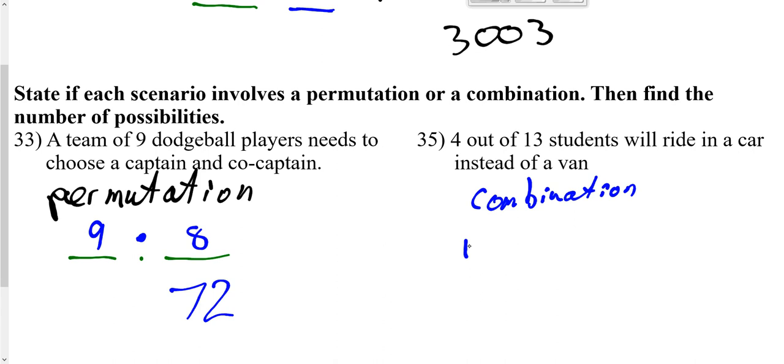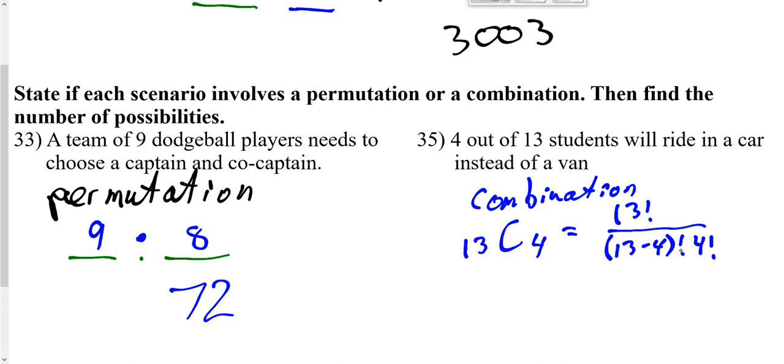So it's your big number combination 4, and you can either set it up in your formula, or I'm pretty sure you probably have a combination button on your calculator. So if you did the formula, it would be this, or if you use your combination button on your calculator, you would just get your answer.